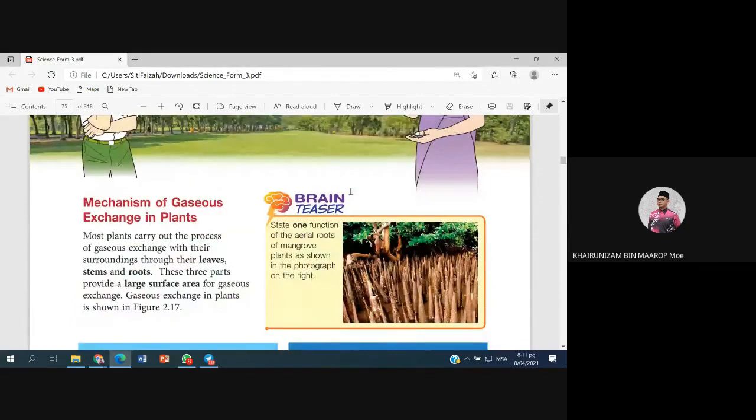Like humans and animals, plants are organisms that carry out living processes and require energy.